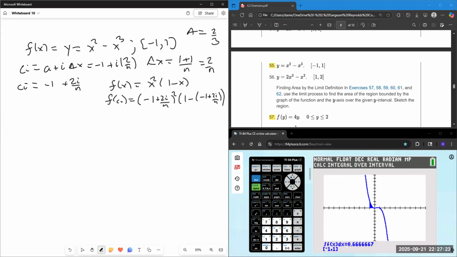So f of ci is -1 squared is 1, minus 2 is minus 4i over n, plus 4i squared over n squared. 1 plus 1 is 2, minus 2i over n. I see a common factor of 2 that I'm going to pull out here.